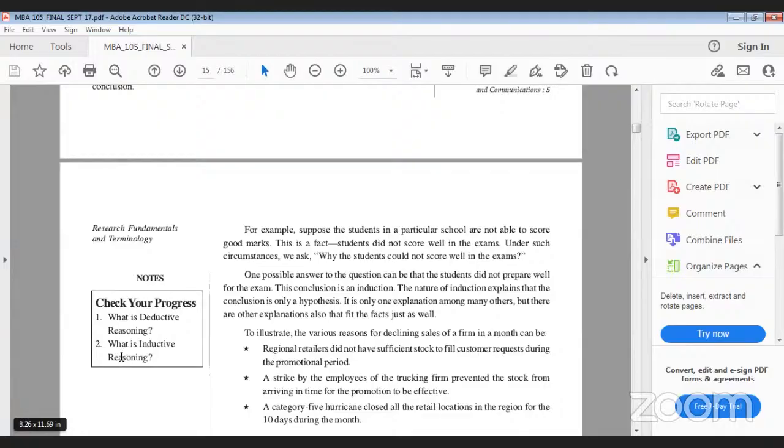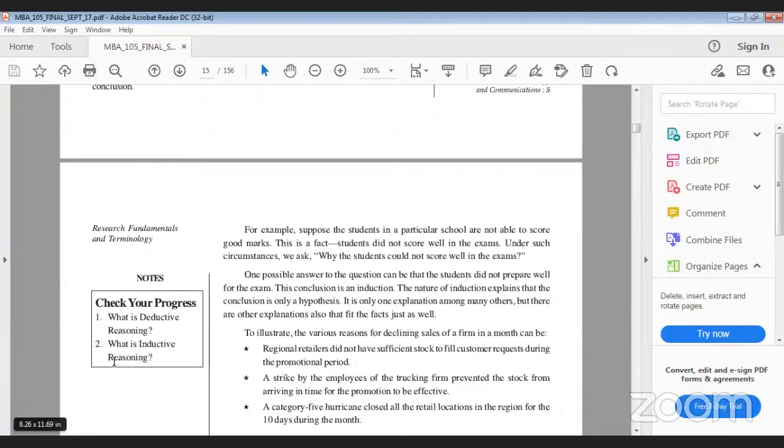One possible answer to the question can be that the students did not prepare well for the exam. This conclusion is an induction.